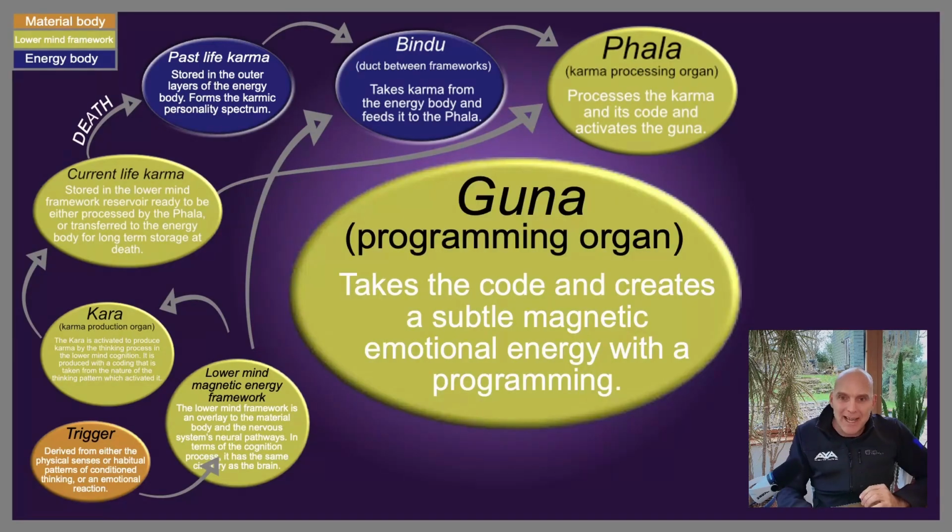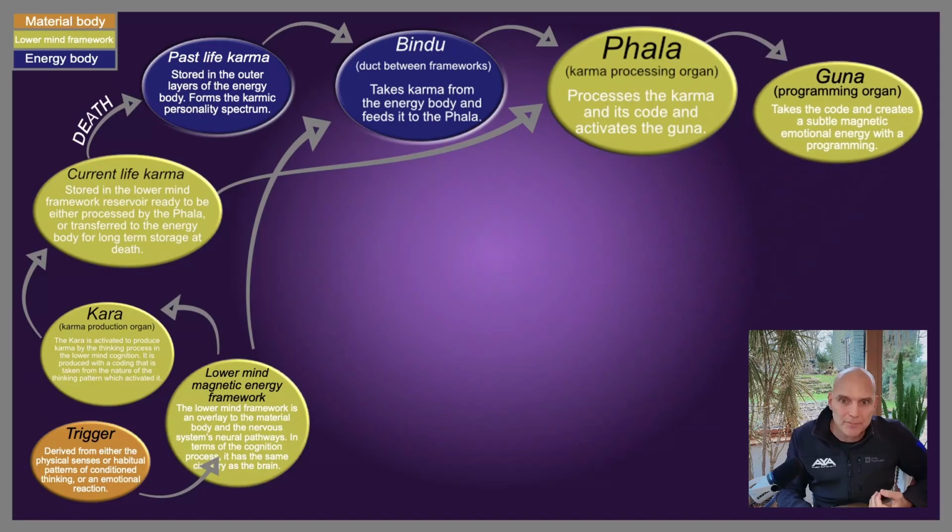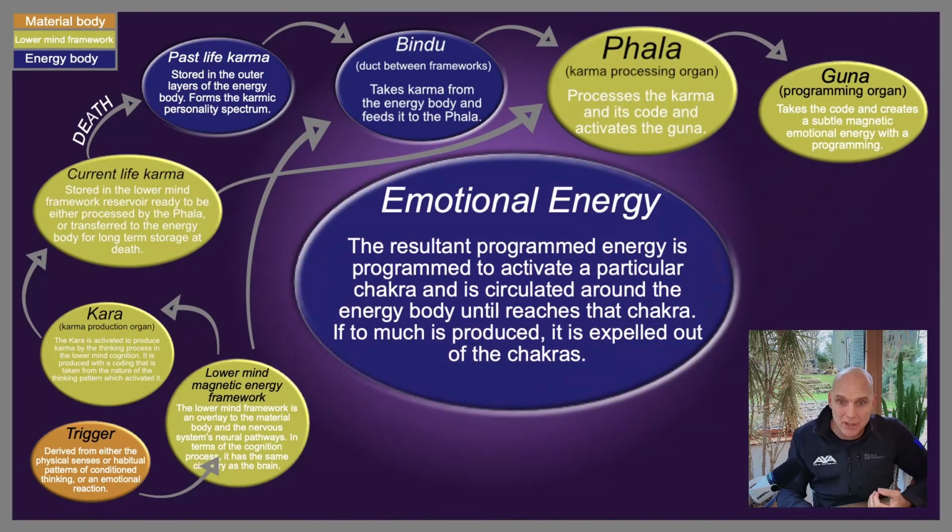And then the phala activates the guna to start producing subtle energy with a programming. This is emotional energy. The guna is the programming organ, and it produces emotional energy. This is what gets stuck in all the chakras and stuck and blockages everywhere around the energy body. We'll talk about that next week, of course.